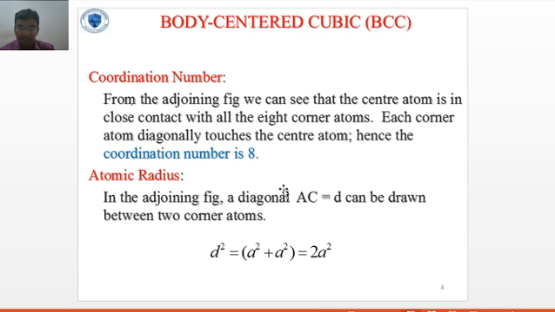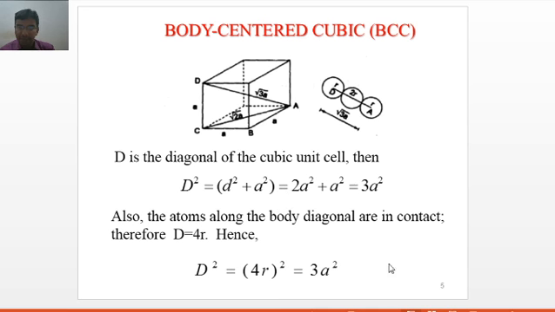Atomic radius. In this case you have to link the 2 corner atoms in addition to the third complete atom present inside the crystal. If you are connecting everything, you are having 2r plus r plus r. This side is a, this side is root 2 into a.